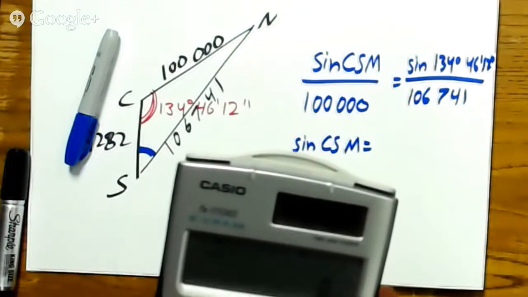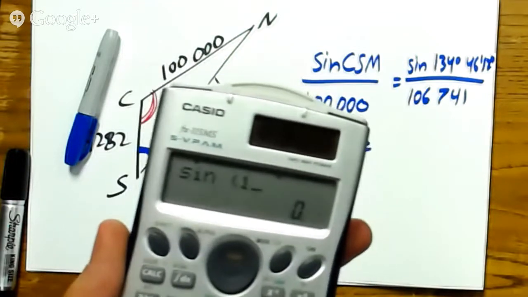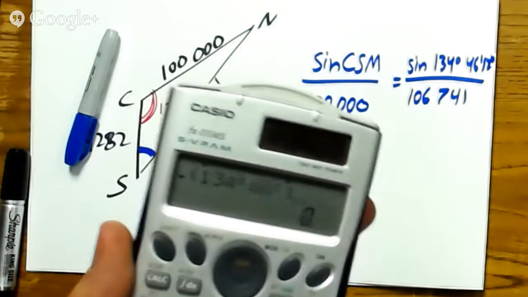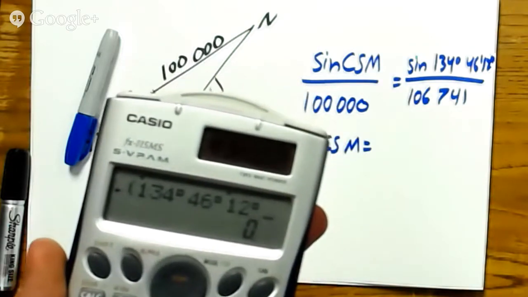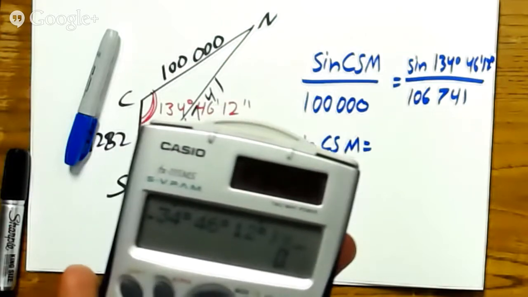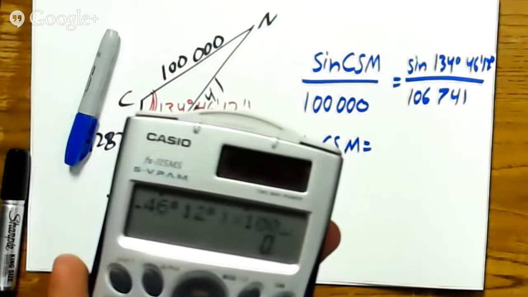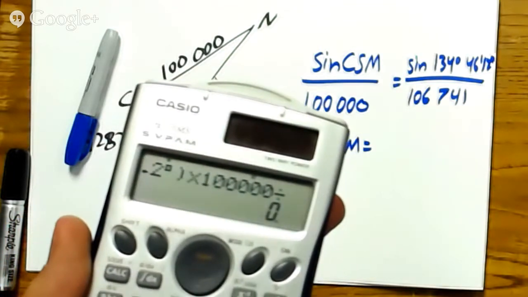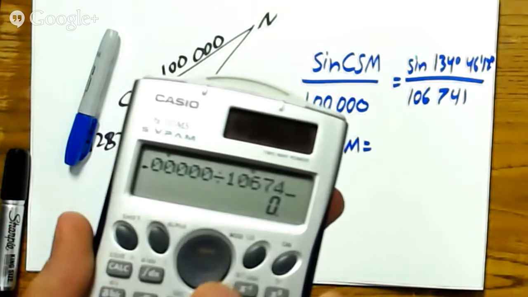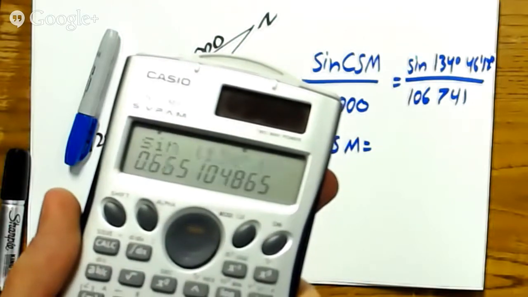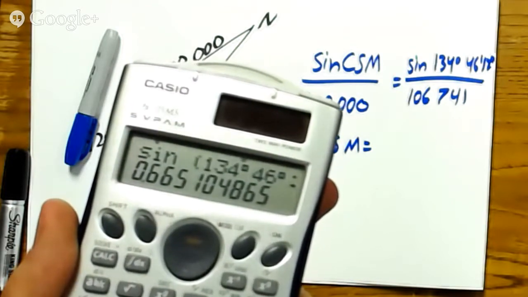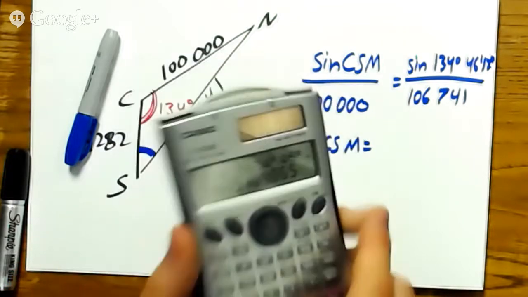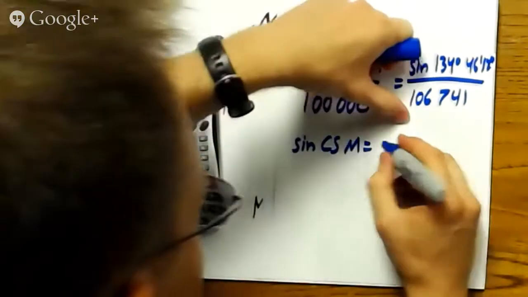Try that again. Sine 134, 46, 12, times 100,000 divided by 106,741. Okay. So there is 0.665, which is the sine of CSM.